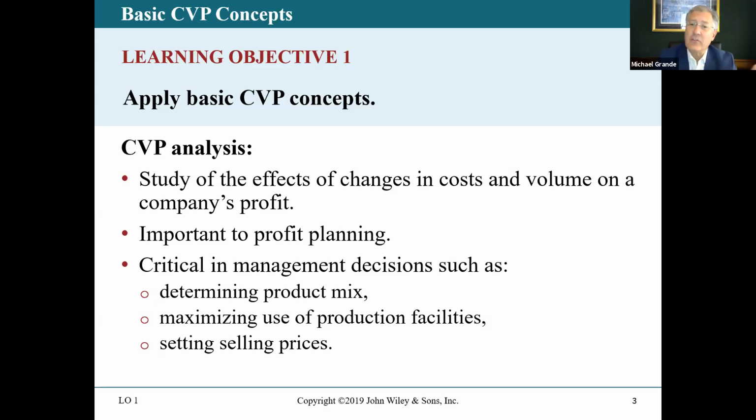So how do all these changes possibly affect the profitability of our company? Because again, we can change the sales price, we can change the variable cost per unit, we can change the fixed cost, and we change the number of units we sell. The question is, what is the impact on net income? What is the impact on break-even point?